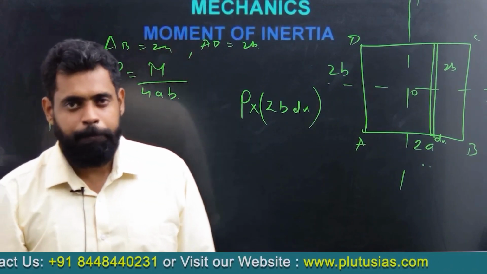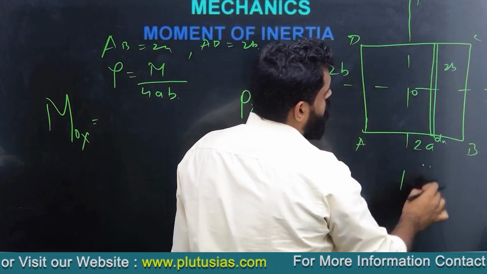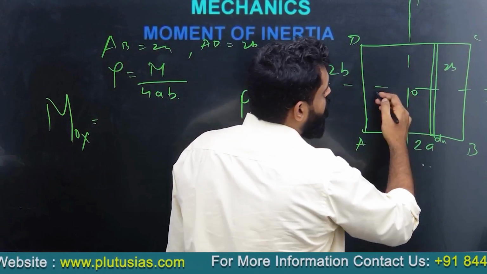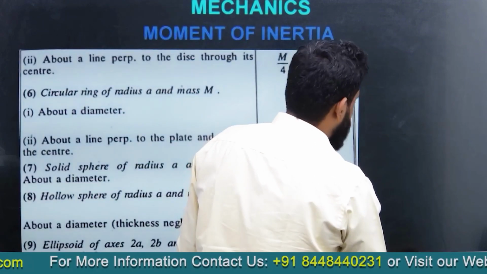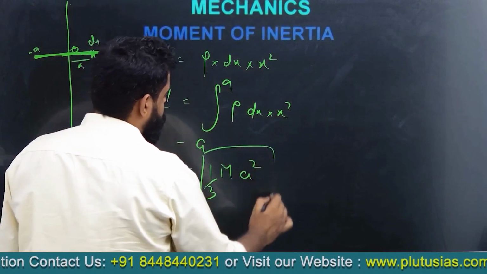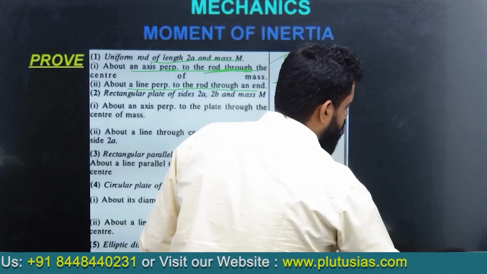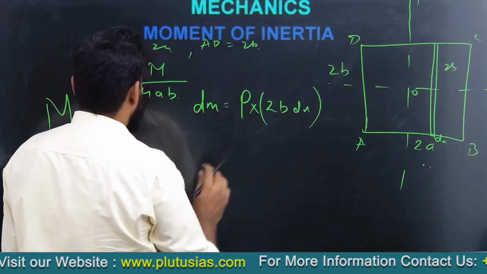And the moment of inertia of this small rod about OX: this is passing through the center, and earlier I have proved that for a rod passing through the center, the moment of inertia is 1/3 ma square. This is the mass dm.